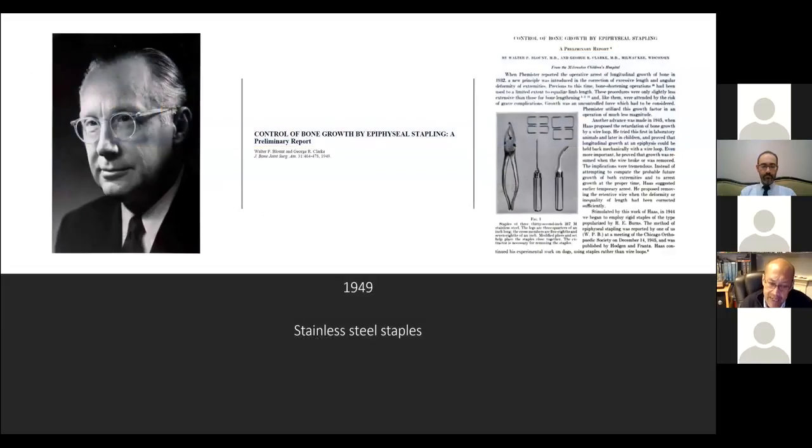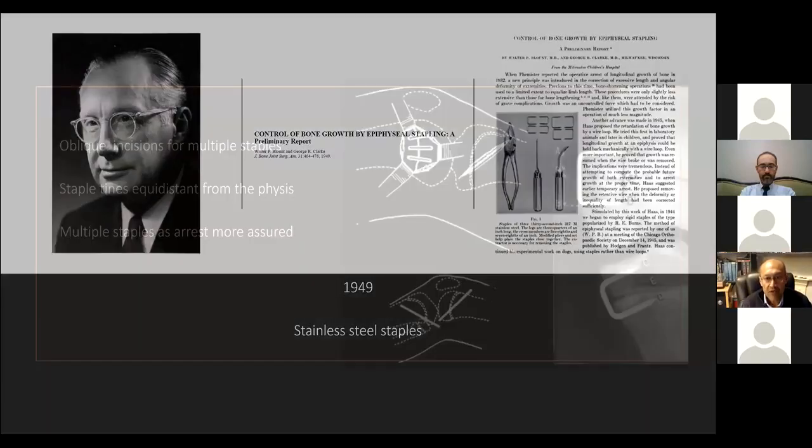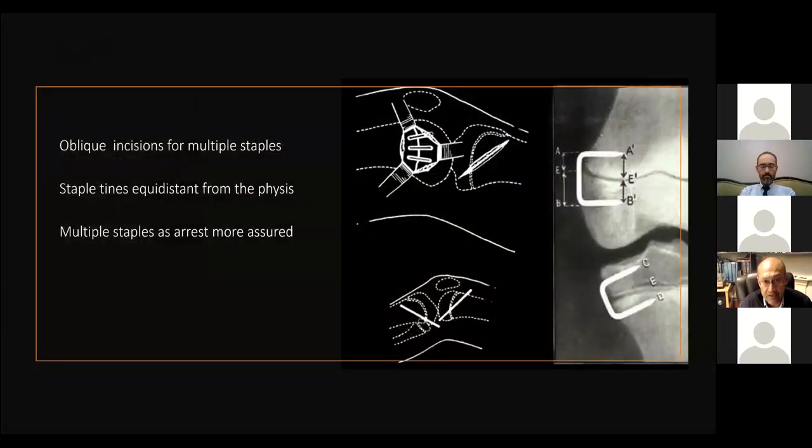Okay, so the technique of modulating, influencing growth around a growth plate, around a physis, was actually started by Phemister, but the man who is credited for making it a clinically successful method of treatment is Walter Blount. His first series was published in 1949, where he described using, through oblique incisions around the physes of the distal femur and the proximal tibia, inserting parallel groups of staples.